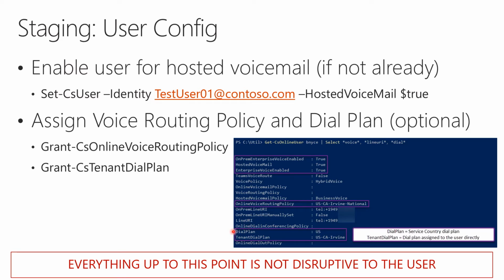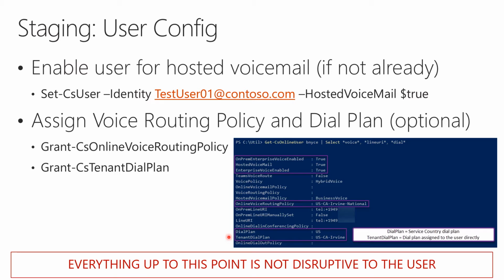This dial plan option that you see first, that's the service country dial plan, right? That's the one that gets assigned based on the location that you picked in the dropdown when you assign the user that particular license. And then there's tenant dial plan here. This only shows up if you've actually granted a dial plan to the individual user. So in this particular example, I granted a dial plan called US-CA-Irvine to this individual user.